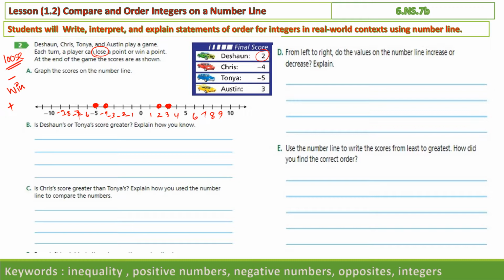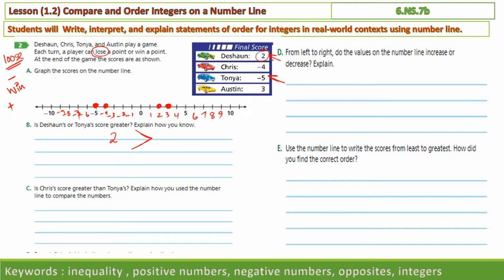Are Deshaun's or Tanya's scores greater? Explain how you know. Deshaun's score is greater than Tanya's score, right? Deshaun's score is 2. For the greater sign you will show it like this.